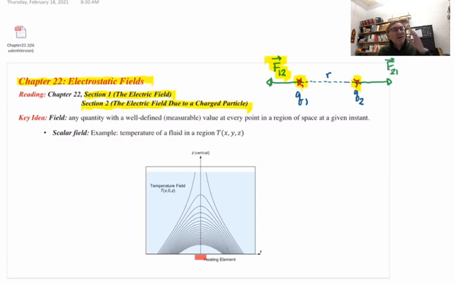So it's this quantity called electrostatic field that a charge creates, and it's a property of space then, created by the charge, that any other charged particle can be immersed in.